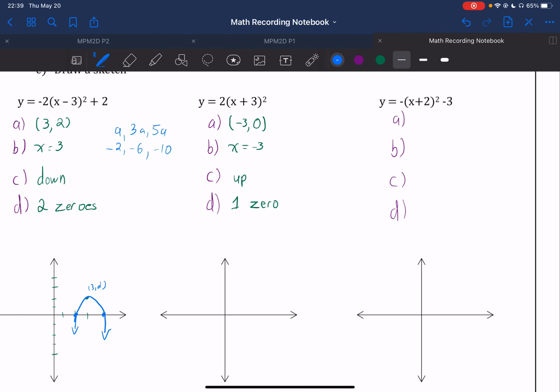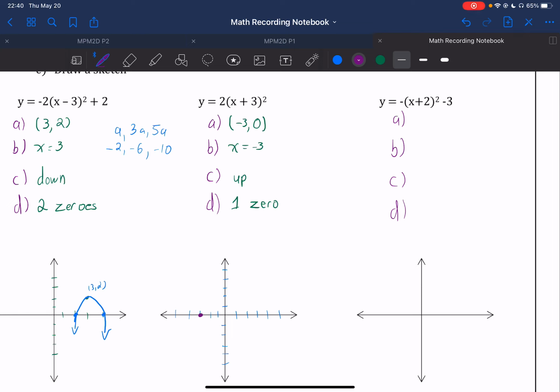Now looking at this one, same idea. Let's plot some of these points in. 1, 2, 3, 4, 5. Okay. So we're going to plot first our vertex, which is at 3 and 0.